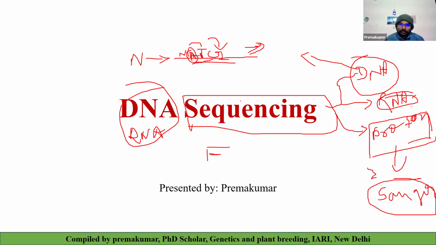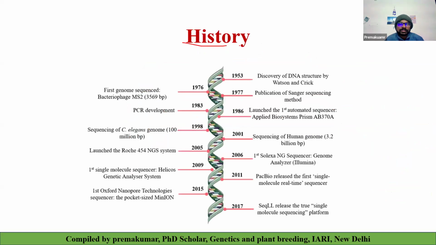When you look at the history of sequencing, it started in 1953 when the DNA structure was deduced by Watson and Crick.